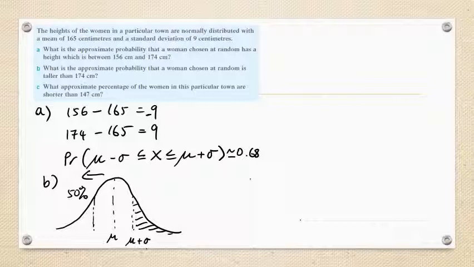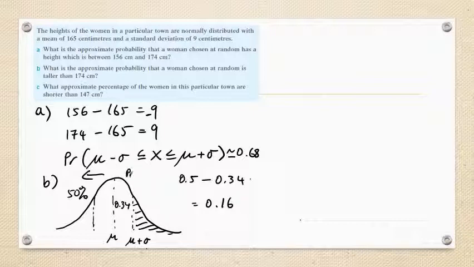That means, so long as we know what the section in here is, we can find out the rest. Because it's 0.68 for the middle section, this will then be half of that, so this will be 0.34. So to find the rest of this, we do 0.5, because it's 50%, minus 0.34, which gives us 0.16.